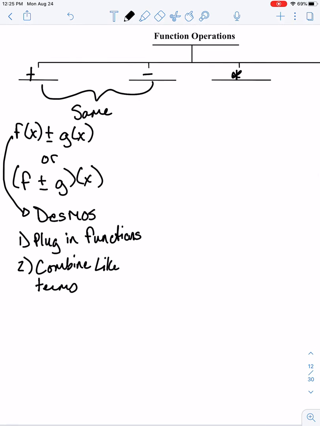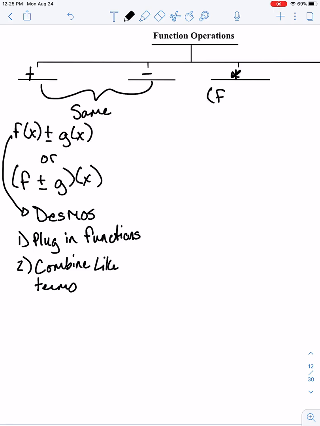The way it can look is f of x times g of x, or f of x times g of x.